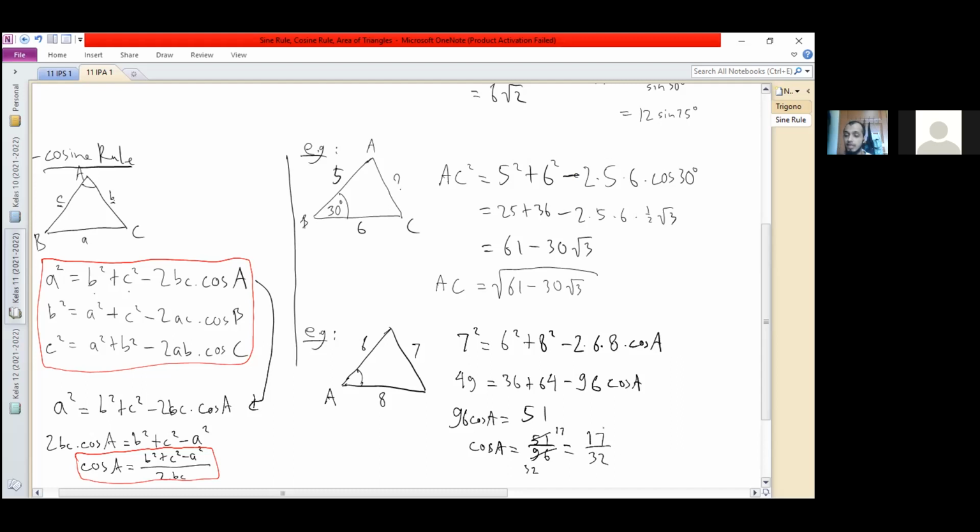This is not a special angle, but later you will learn how to find the angle. If we know the value of the cosine or the sine or the tangent, we can find the angle. At least we know the cosine.